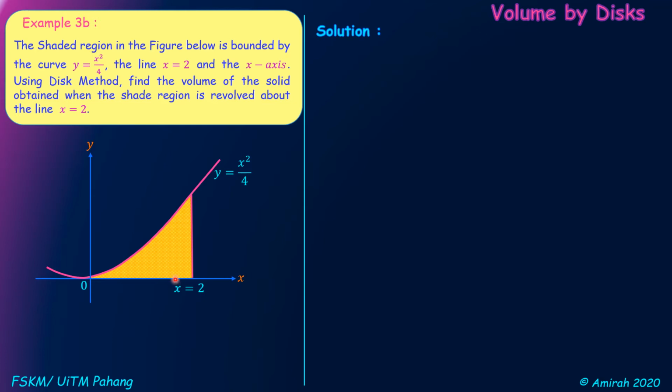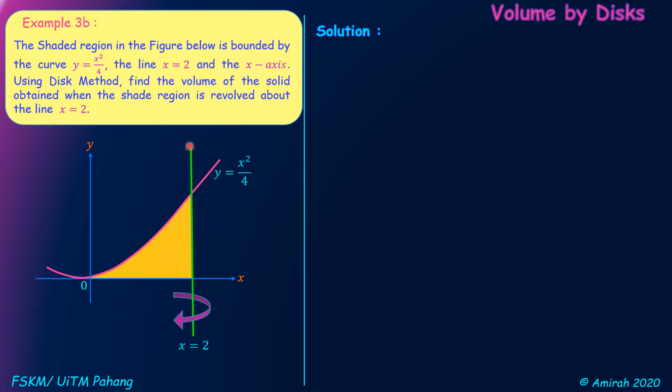We recall back from example 3a, we have axis of rotation at x-axis here. But in example 3b here, our axis of rotation at the line x equals to 2 here. Right?